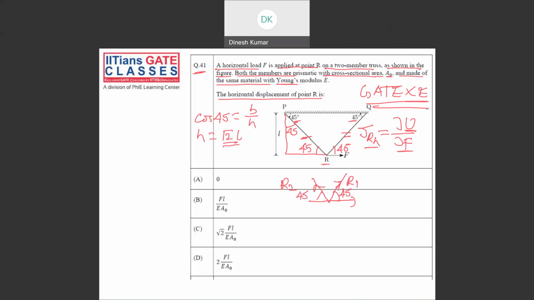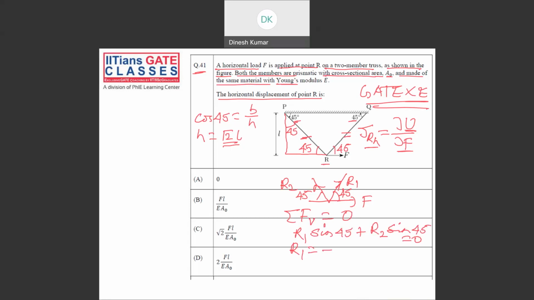This is also 45 degree and this applied force is F. Now if you take the summation of forces in the vertical direction, you get R1 sine 45 plus R2 sine 45 equal to 0.